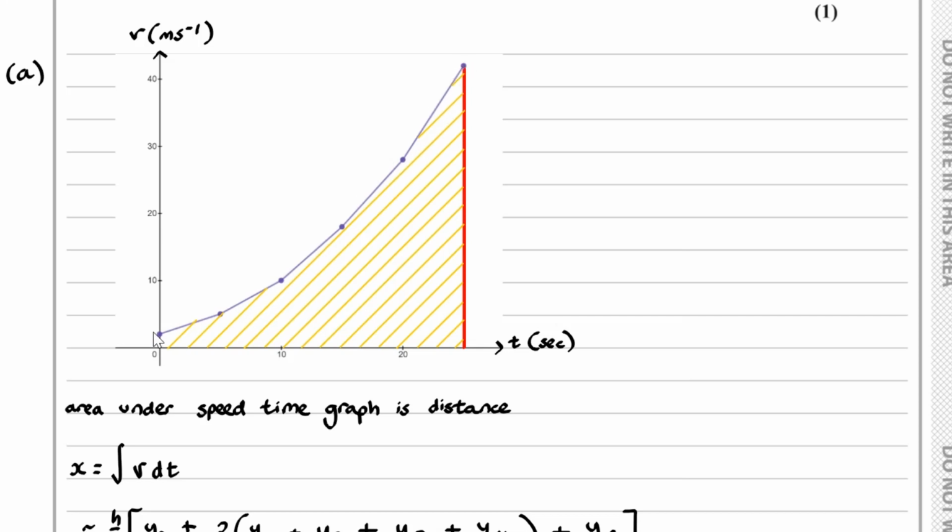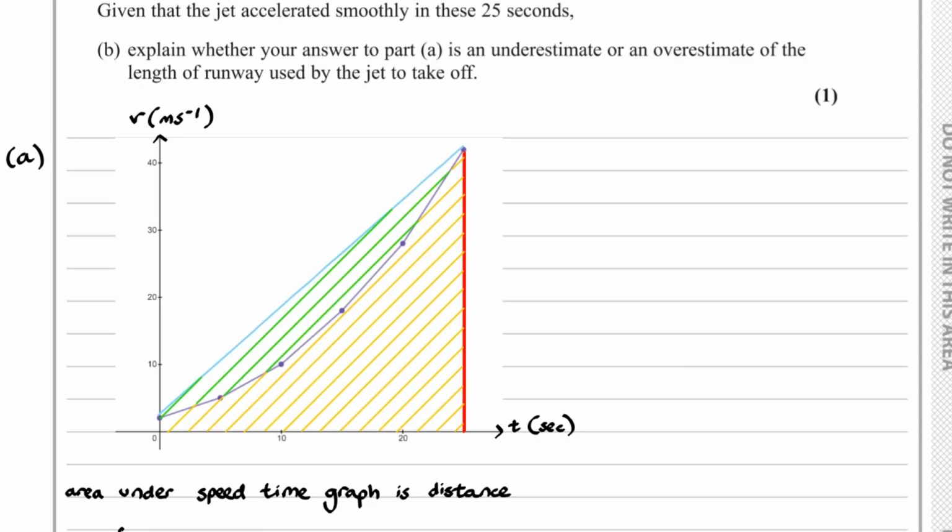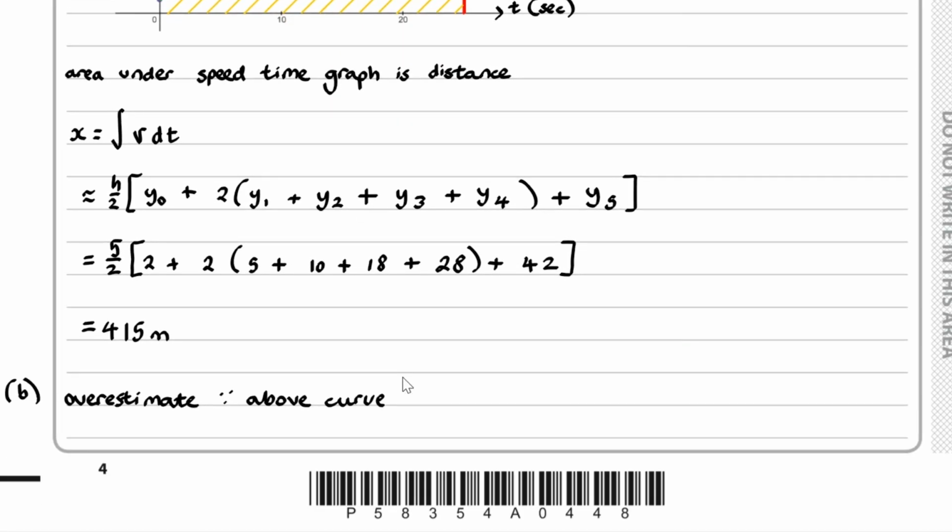Instead, we'd have a smooth curve. And perhaps if we join this point to this point, hopefully you can see whether we have an underestimate or an overestimate. So over here, we can see that we have an overestimate because the trapezia are above the curve. And that's what I've put over here.